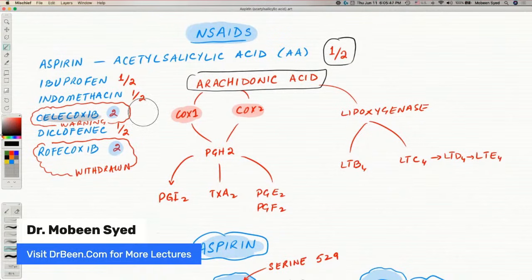Celecoxib is a selective cyclooxygenase 2 blocker. Rofecoxib is also a selective cyclooxygenase 2 blocker. We had lots of hopes for the cyclooxygenase 2 blockers. However, their adverse effects on the cardiovascular system are such that we are staying away from them nowadays.